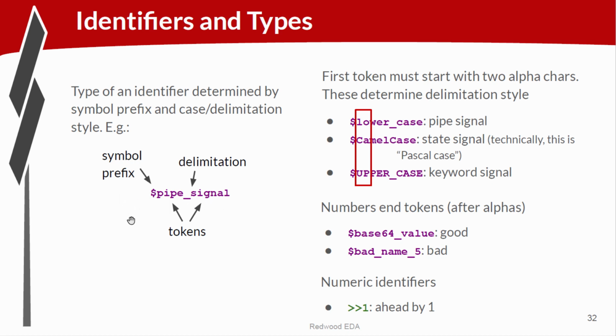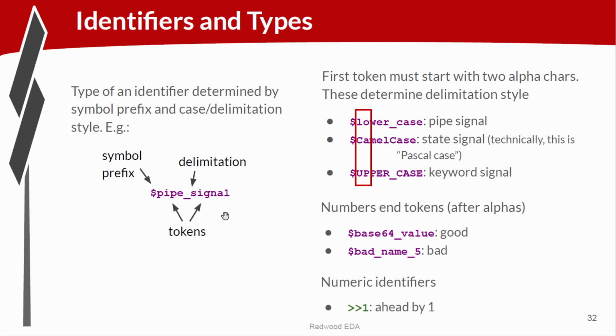So a pipe signal starts, as every identifier does, with a symbol prefix, in this case a $ sign, and then it's comprised of tokens, pipe and signal, and those tokens are delimited, in this case by an underscore.